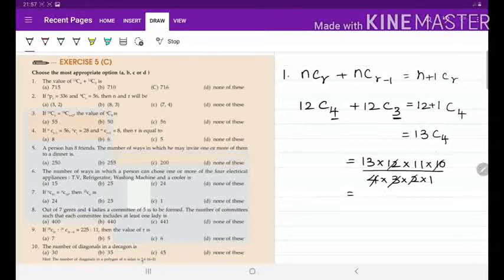So after simplification we get 715, which is option A.